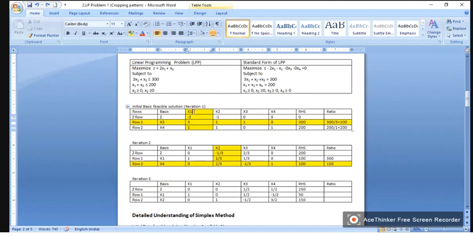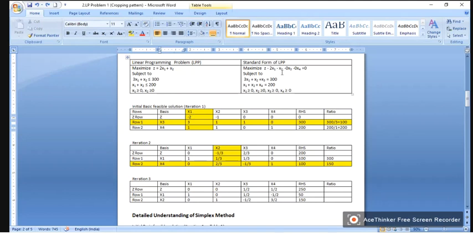Here X1, X2, are you able to see the file clearly? Yes, sir. Okay. X3, X4 are filled like this. Right hand side is heading, ratio is heading. So Z will be written as it is.